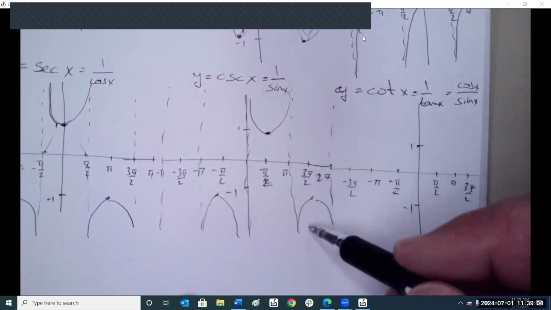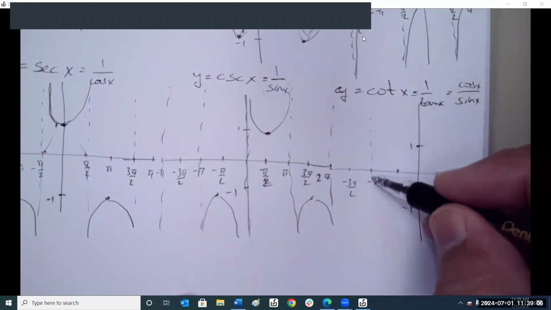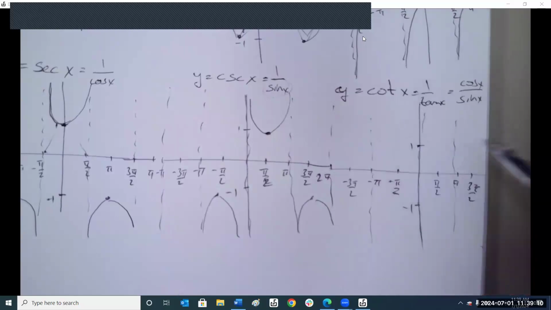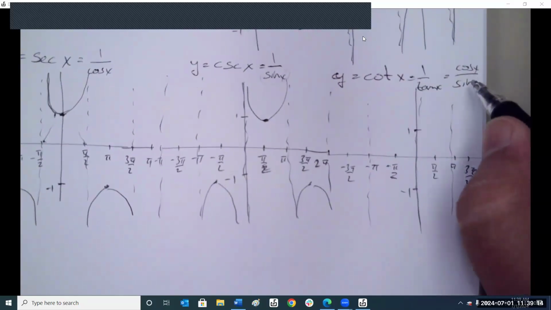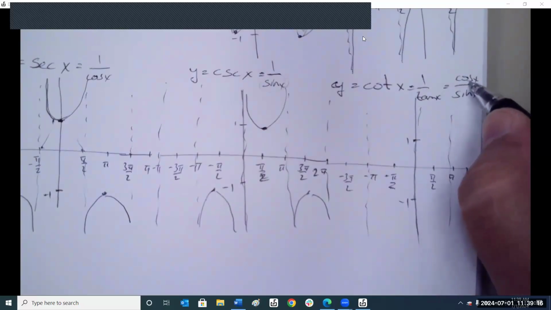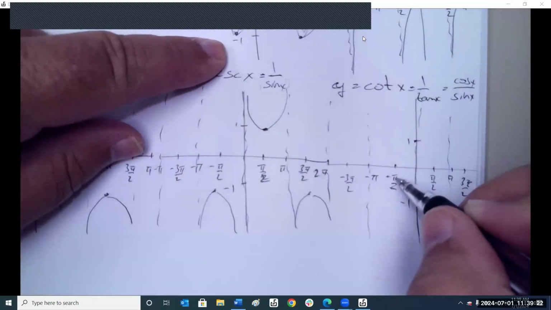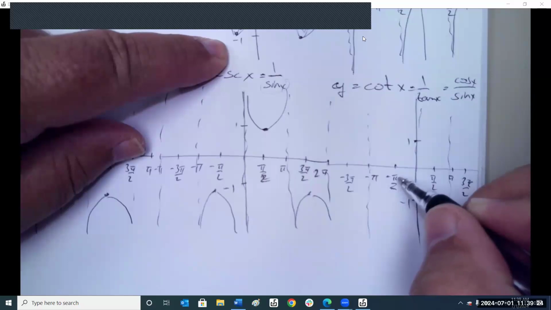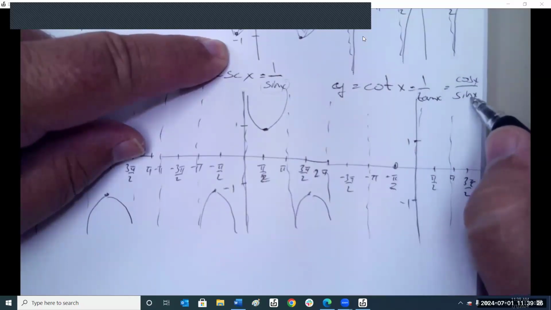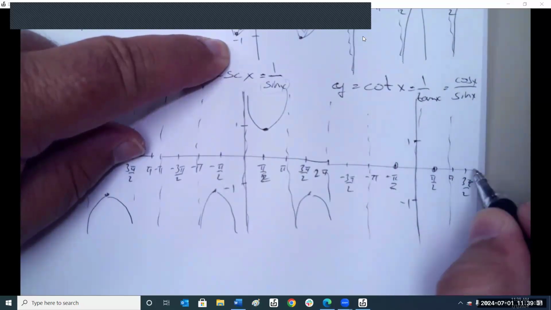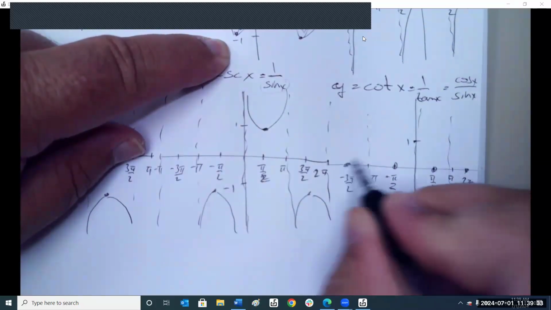So it has asymptotes at the pi units and 0. Now this is the opposite because at negative pi over 2, the sine is -1, cosine is 0. So these are my x-intercepts.